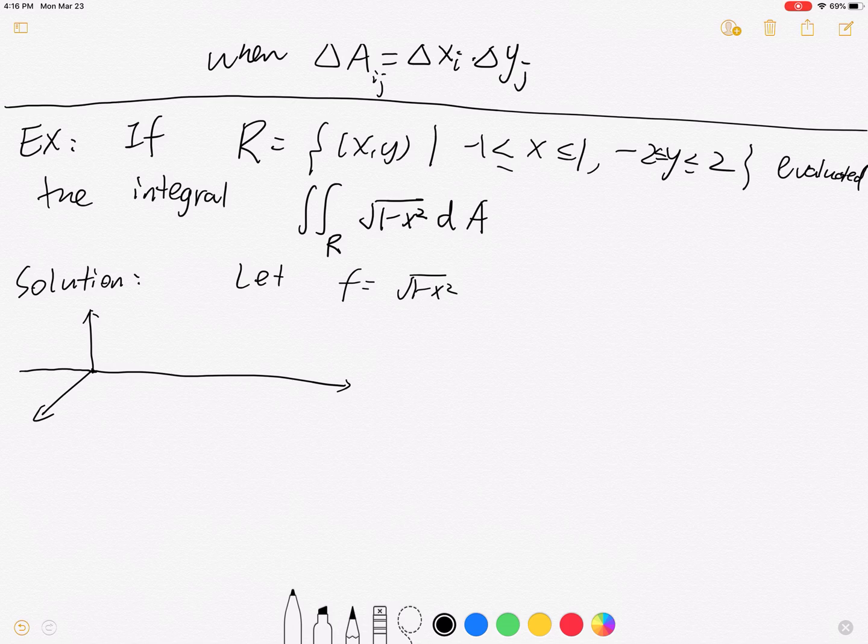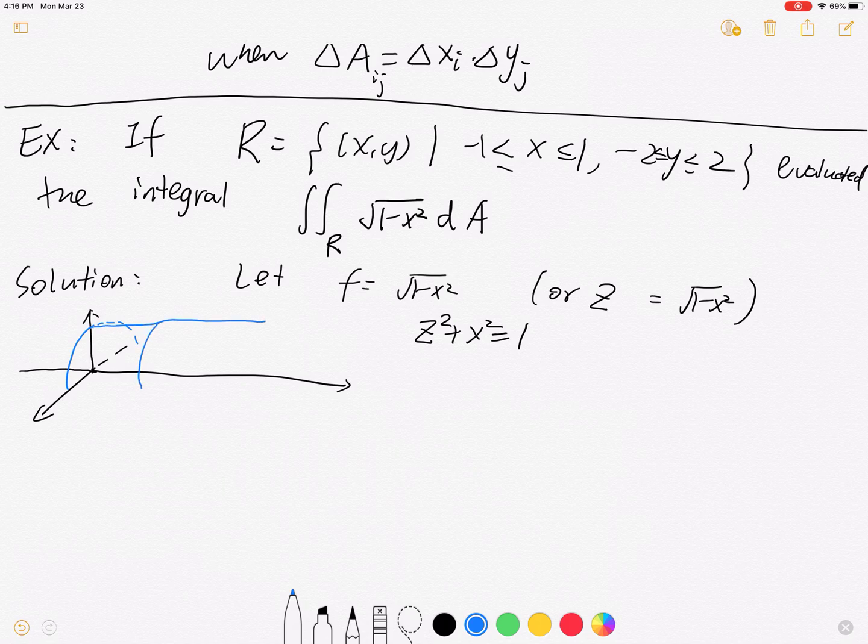So z equals the square root of 1 minus x squared. Then the graph is given by z squared plus x squared equals 1. So you would have this.